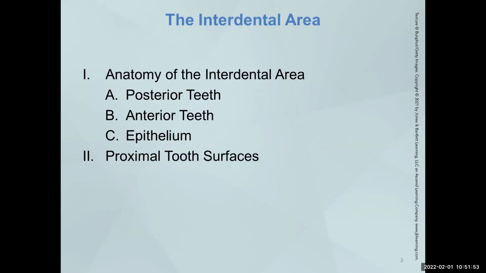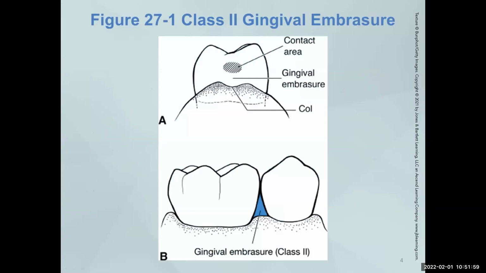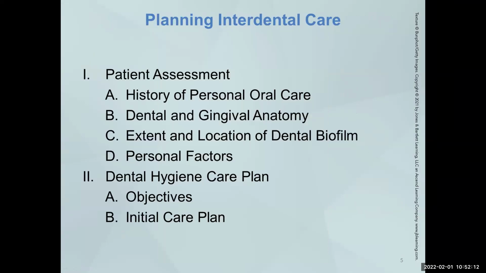So we don't really need to go over the anatomy of the interdental area and the proximal tooth surfaces because you know that, right? You've got the gingival embrasure. So the whole idea is you want to clean in between the teeth and get down to the col area with whatever you're doing. So you are doing a caries risk assessment.